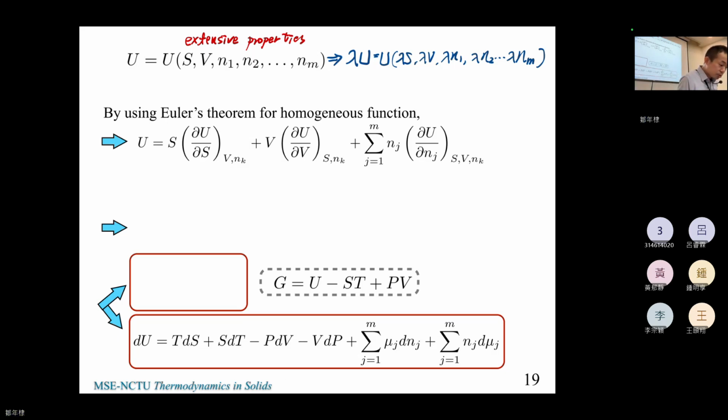So you can say everyone increased by lambda times still holds this relationship.